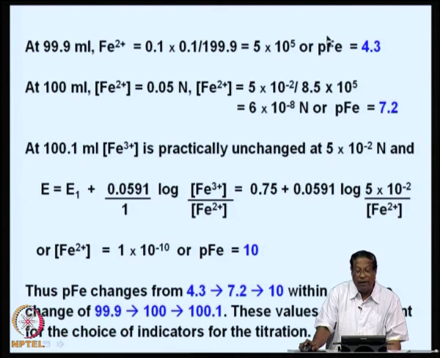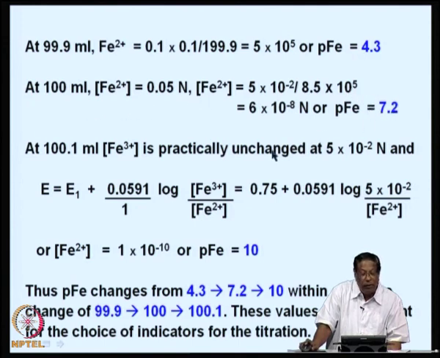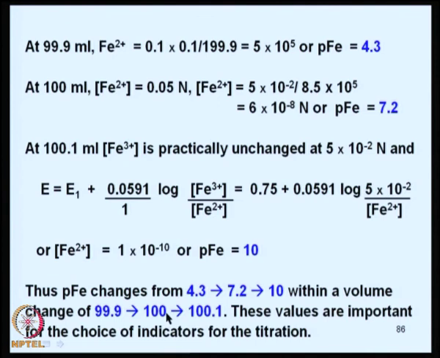Now, look at the change of the PFe values, 0.1 ml difference before the equivalence point it is 4.3, at exactly 100 it is 7.2, 0.1 excess it is 10. So, 4.3 to 7.2 to 10 within a volume change of 0.2 ml, from 99.9 to 100.1, the PFe changes from 4.3 to 10.